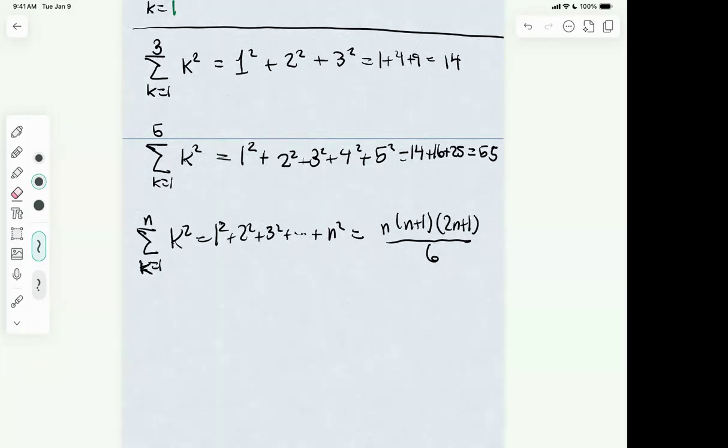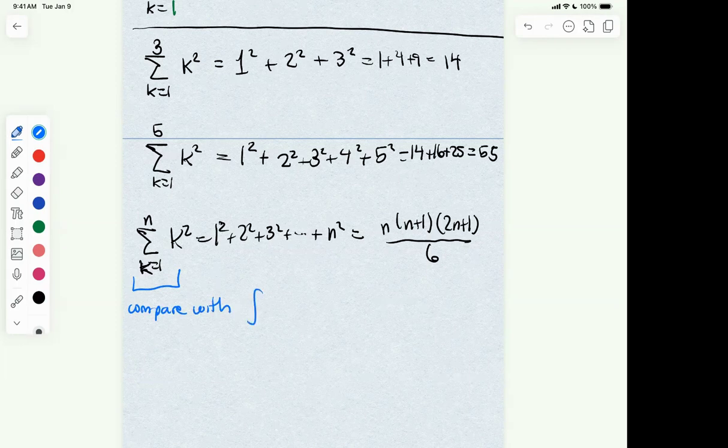Okay, and now that I have told you a little, by the way, notice that this should be related. Think about this: look how similar this is to an integral, like the notation. Compare this to an integral or something like that.